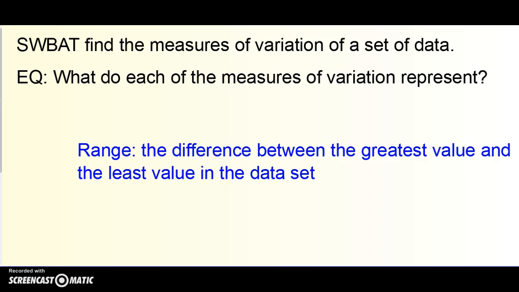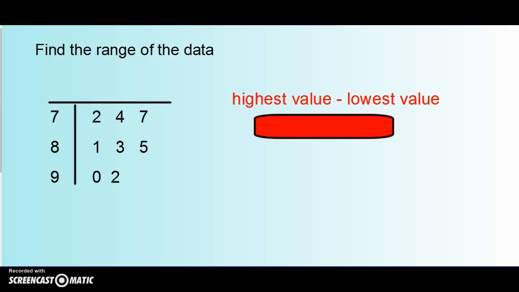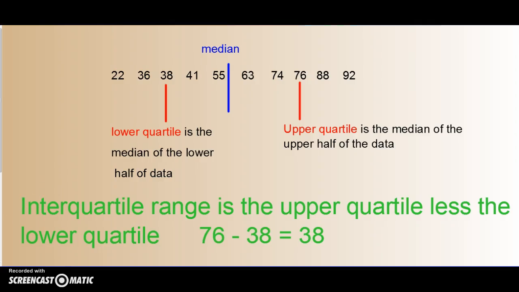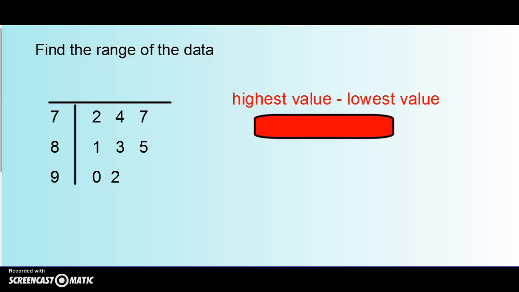All right, well, the first one I think you recognize already. Range is the difference between the greatest value and the least value in the data set. I don't know if you're familiar with the stem and leaf plot, but this first left column always represents the tens place, and this side represents the ones place.